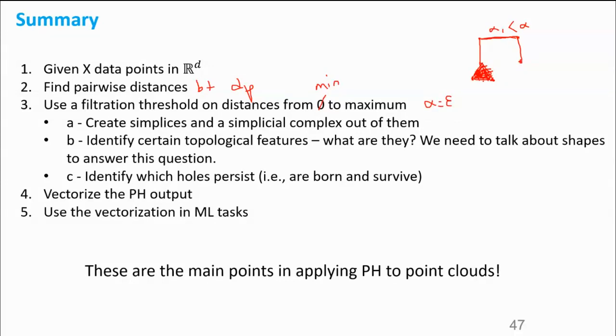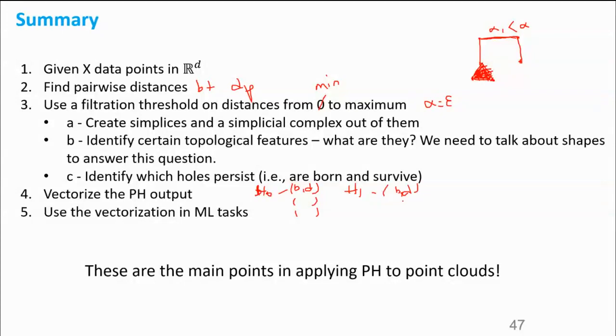These are different ways to vectorize the persistent homology output. Remember, in the persistent homology output, it was giving us a list of, for example, zero-dimensional holes and their birth dates and death dates. So for every hole, we have a pair of BD, and we may have multiple zero-dimensional holes, or we may have one-dimensional holes similarly given with birth and death dates.